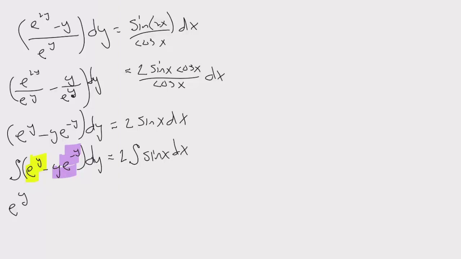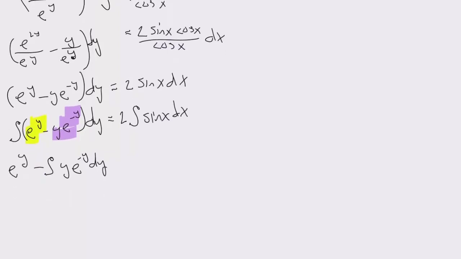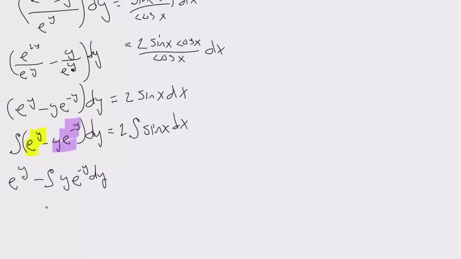So let's think about that. So minus the integral of y e to the negative y dy. I'm just going to hang out here for just a second. I want u to equal negative y. And so what would du equal?